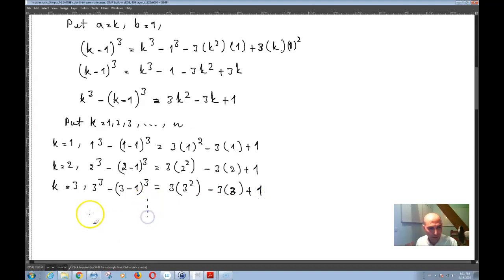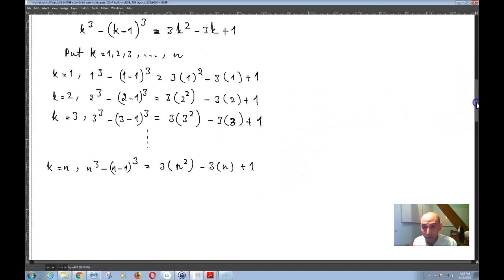And you can just keep going until k is equal to n, and that would be n cubed minus (n minus 1) whole cube is equal to 3 times n squared minus 3 times n plus 1.